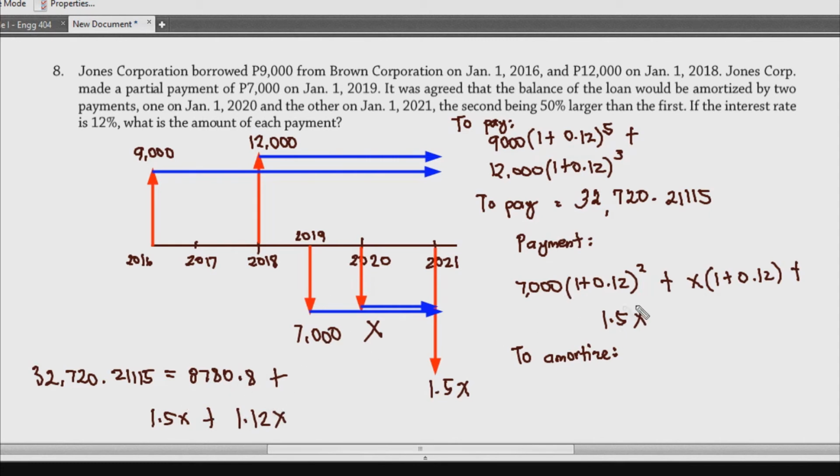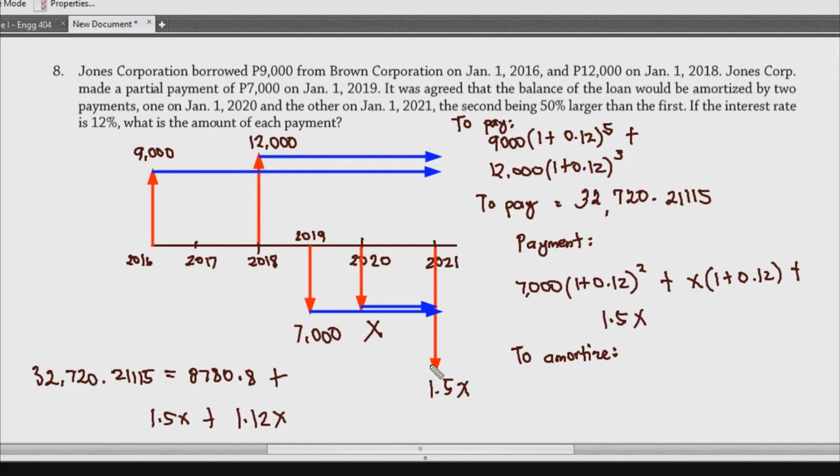Now, why is there no more 1.12x? Because even if you put it, that will be raised to 0. So basically it becomes just 1 as its value. So technically, you just have to copy this payment that you made in 2021. So using this formula, we should be able to get your answer.